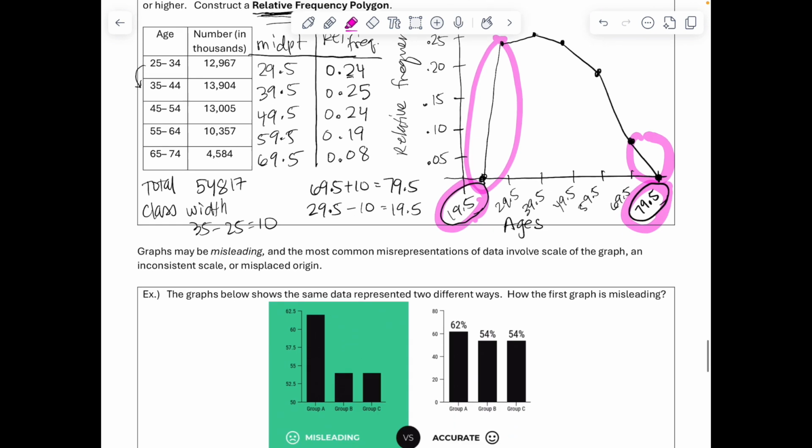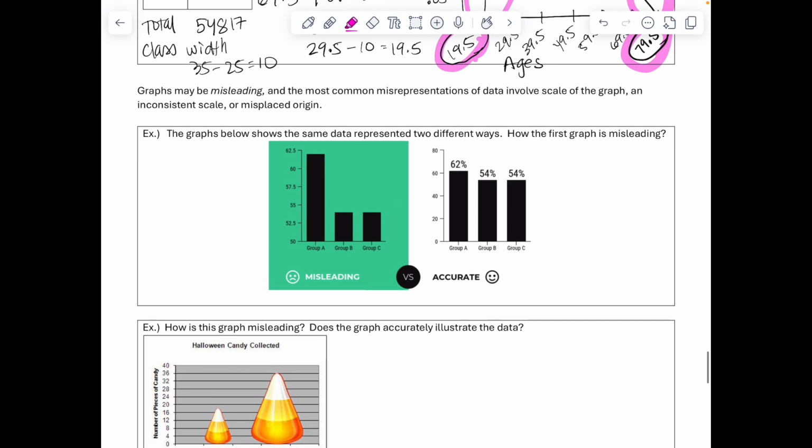Next, right below this, we have graphs that may be misleading, and the most common misrepresentation of data involves scales of graphs, such as an inconsistent scale or misplacing the origin. So the first example that we have says the graph below showed the same data represented two different ways. How is the first graph misleading?